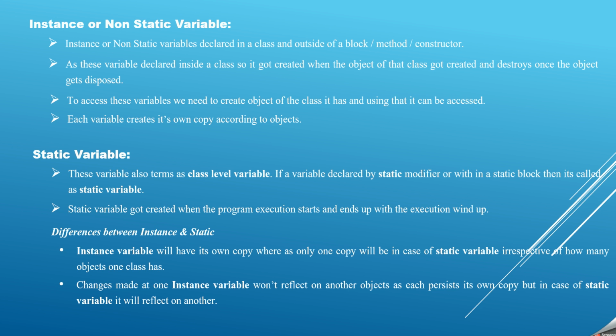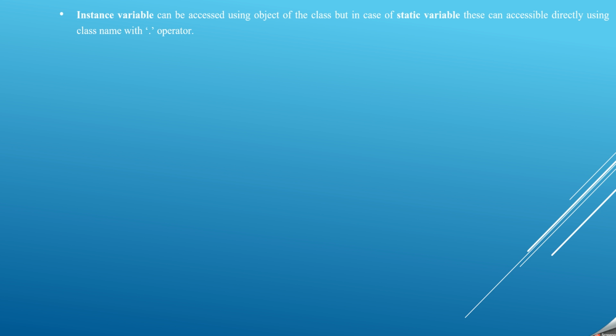One of the points is why it is set to the same location: static is something which can be accessed directly or via the class name. It is not meant to be accessed via an object name, which is what we have in the case of an instance variable. So this is the third difference we are talking about.